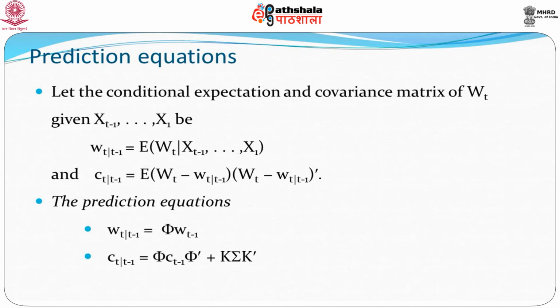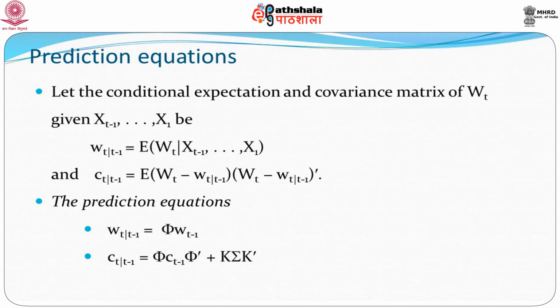And similarly, C t given the past would be phi C t minus 1 phi prime plus K sigma K prime. How do you get this? Again, W t is equal to phi W t minus 1 plus error, and we know W t minus 1, we know C t minus 1, which would be the variance, and therefore it becomes phi into the dispersion of W t minus 1 times phi prime, and since it is uncorrelated to the error, the variance also comes out as K sigma K prime.